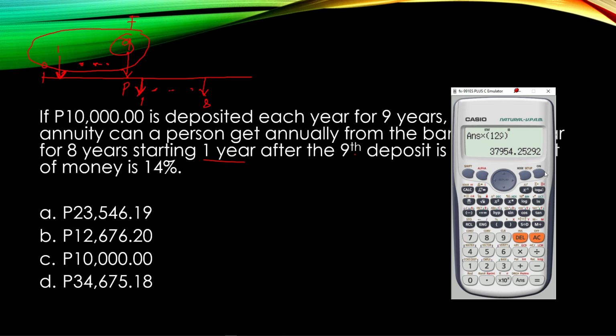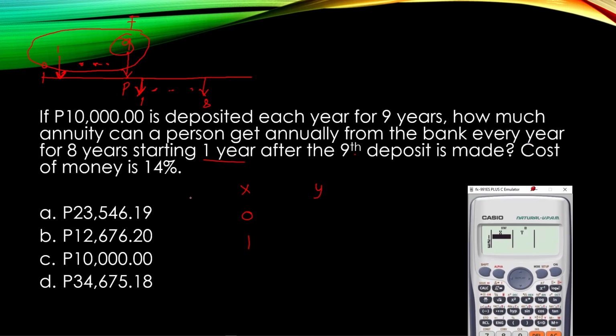Pwedeng ganito. Mode 3, 6, ano ba yung gagamitin natin? X, Y, we have 0, 1. Ilan ba yung rate? 1 plus, yung rate natin is 14%. Cost of money is 14%.